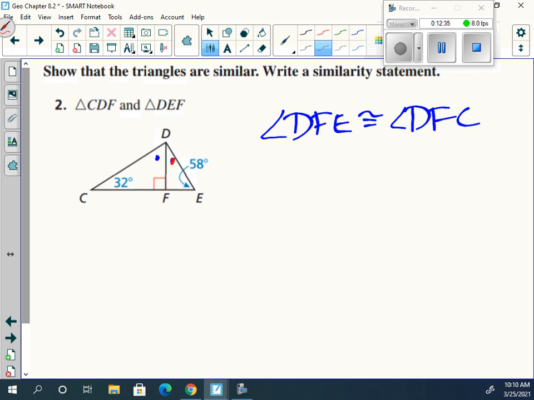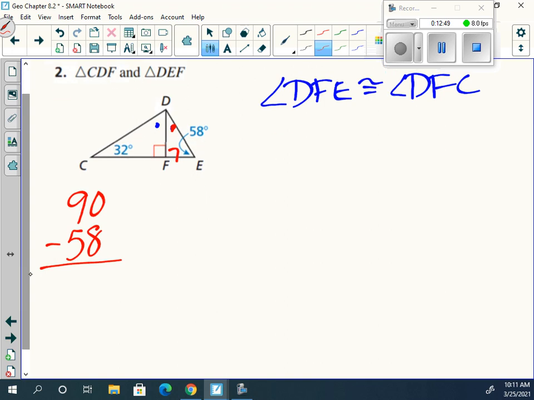So for EDF, well, since it is a right triangle, we can use our acute angle theorem in that we can take 58 and subtract it from 90. And 90 minus 58 is 32 degrees. So this angle is 32 degrees.